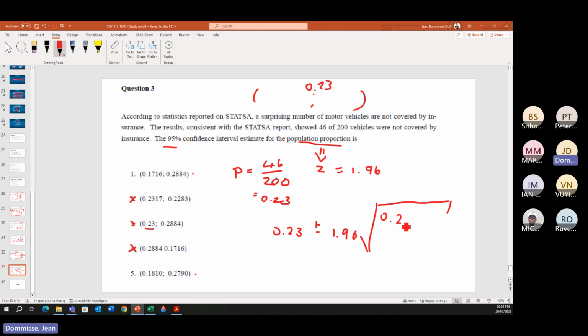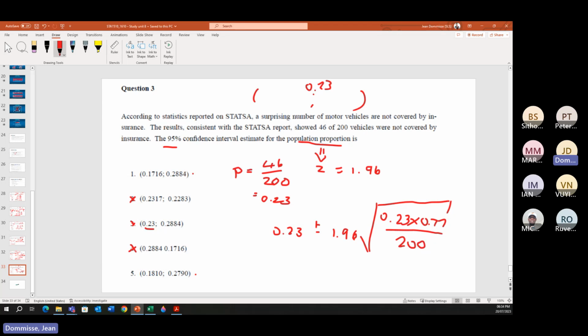So it's 0.23, that is P, times 1 minus P, which is 0.77, and we divide by the sample size, which is 200.